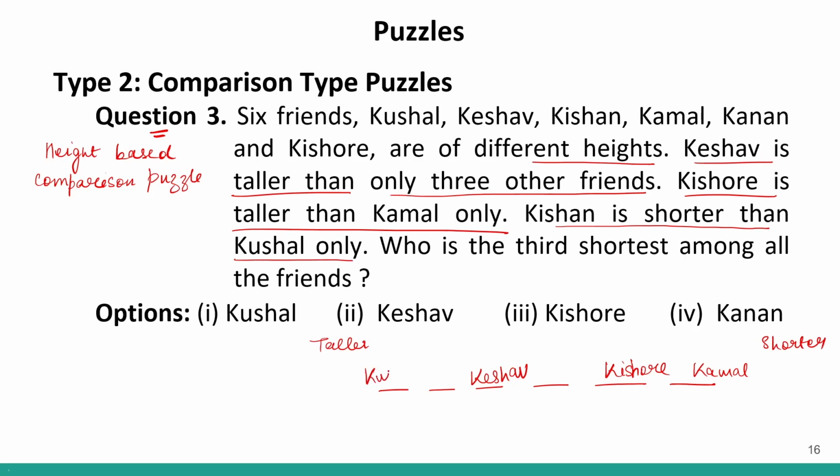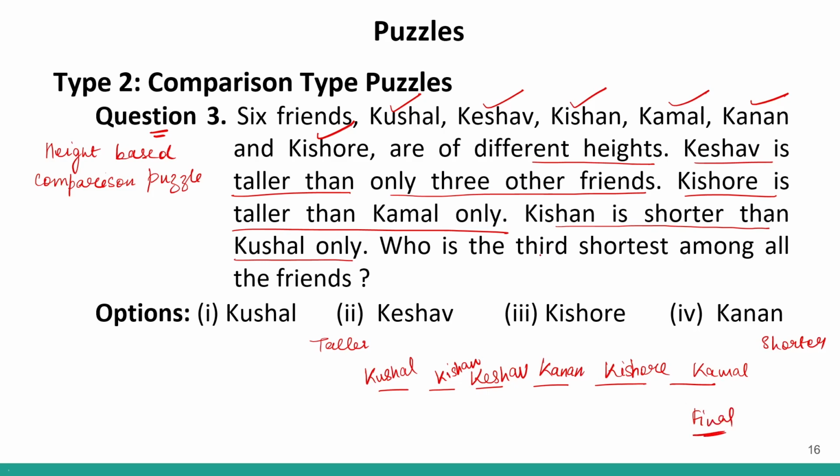That means Kushal will come over here and Kishan will come over here, because Kishan is shorter than only Kushal. Now we have placed Kushal, Kishan, Keshav, Kamal and Kishore. The only person remaining is Kanan. That means Kanan will come over here. Correct? This will be my final arrangement.